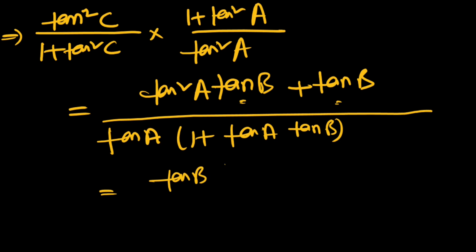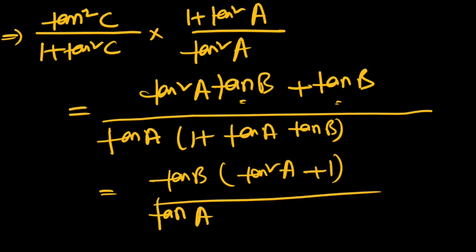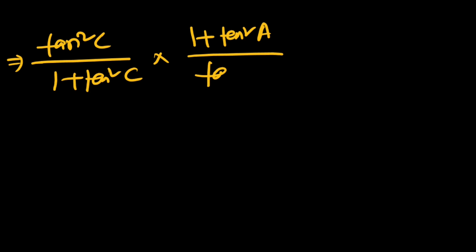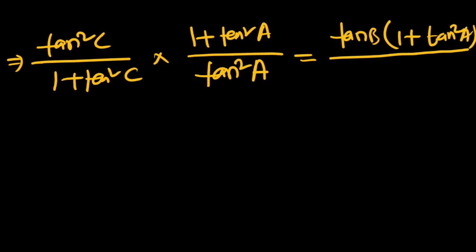Tan b common, so tan square a plus 1, over tan a (1 plus tan a tan b). Therefore the left hand side remains the same: tan square c over 1 plus tan square c, multiplied by 1 plus tan square a over tan square a, is equal to tan b (1 plus tan square a) over tan a (1 plus tan a tan b).